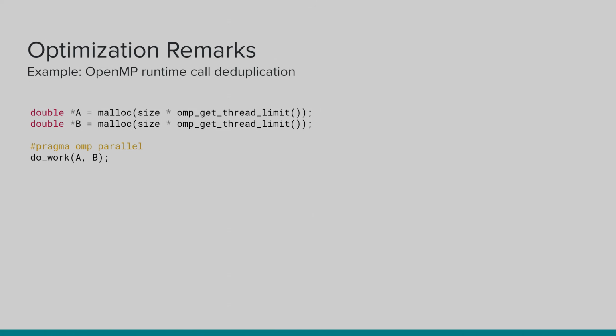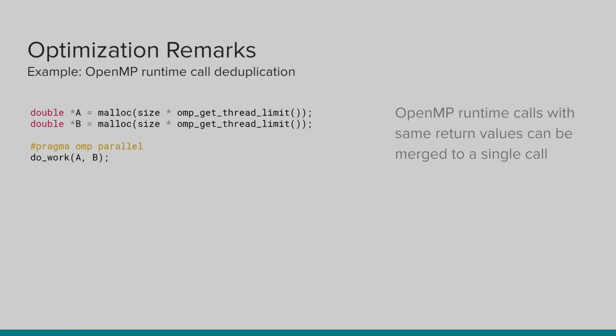Okay, now talking about how you don't really know what happened, and Clang either performed well or gave you code that was slow. One of the things we do with the OpenMP opt is we put a lot of effort into adding optimization remarks, such that if you run this program here, the LLVM compiler will tell you that it actually merged those two runtime calls to getThreadLimit into one.